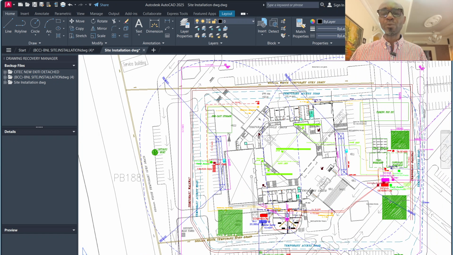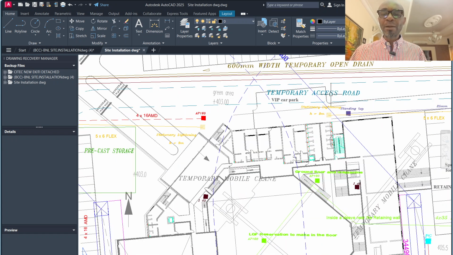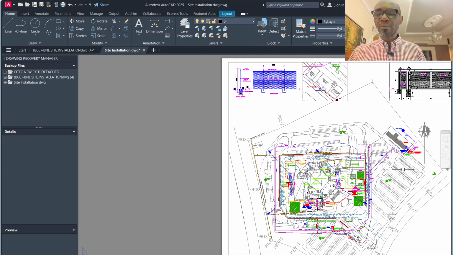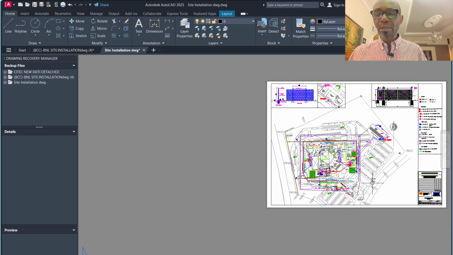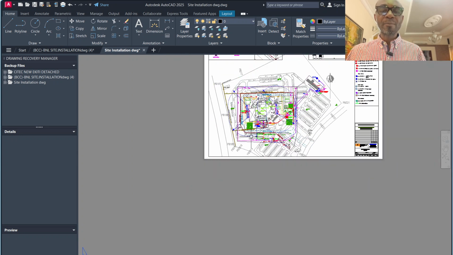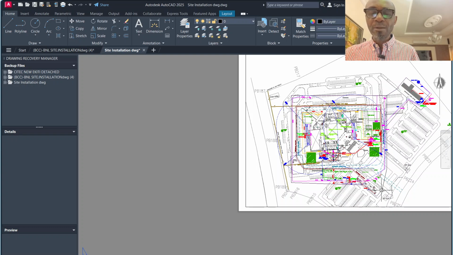Then the access road, you can now see that, look at the temporal access road. The temporal access road will run round in this manner, then come out at the gate.